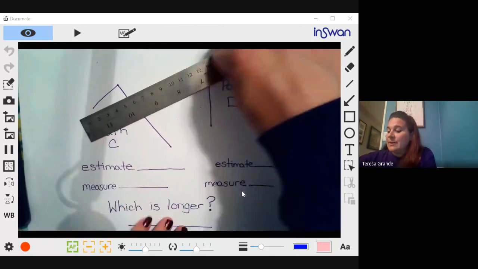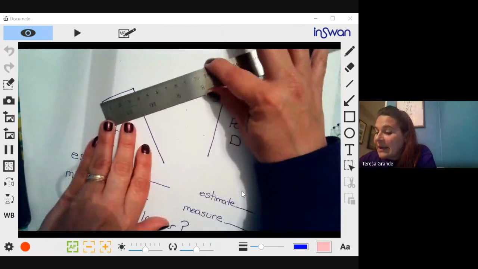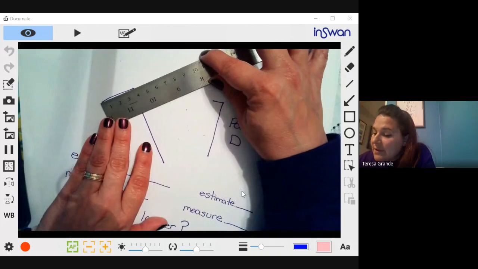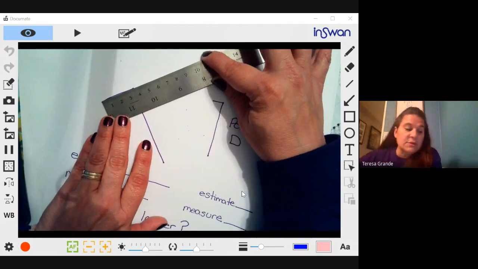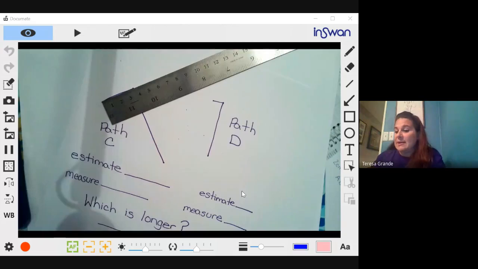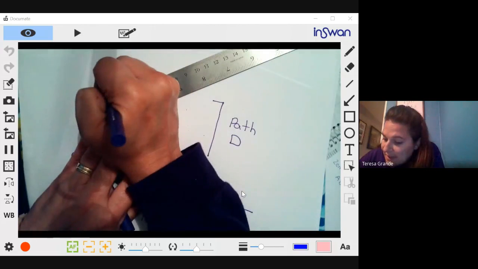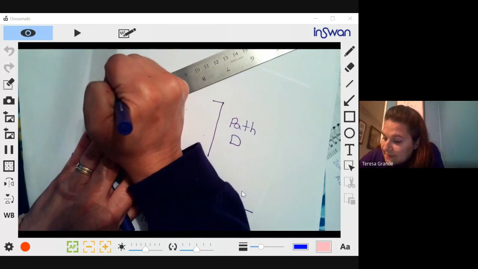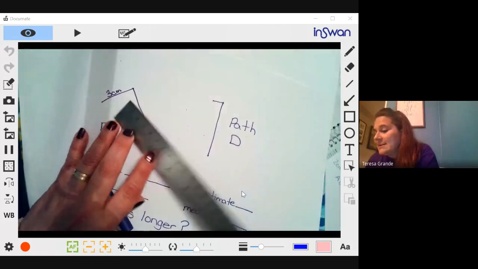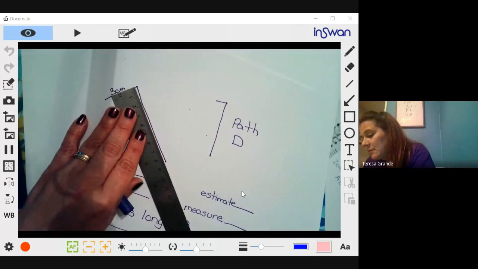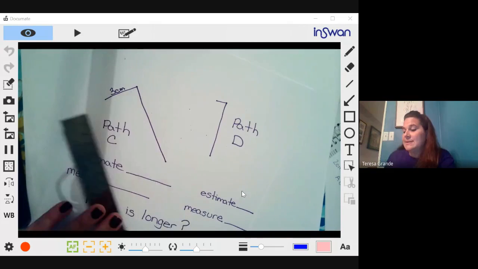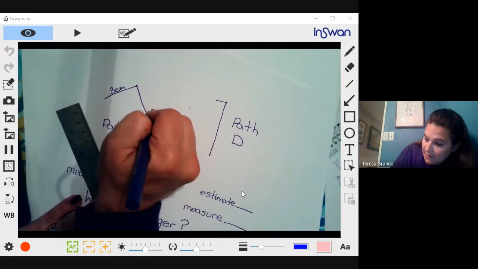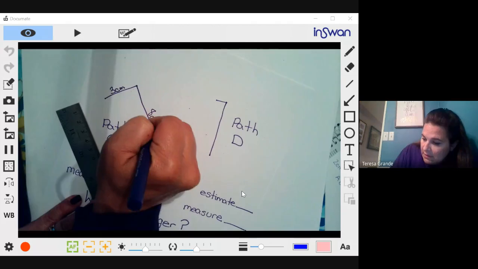So let's take a look here and let's measure this side of this path. And that's about 3 centimeters. So we're going to write 3 centimeters. Let's take a look at this one. That one's about 8 centimeters. Okay.